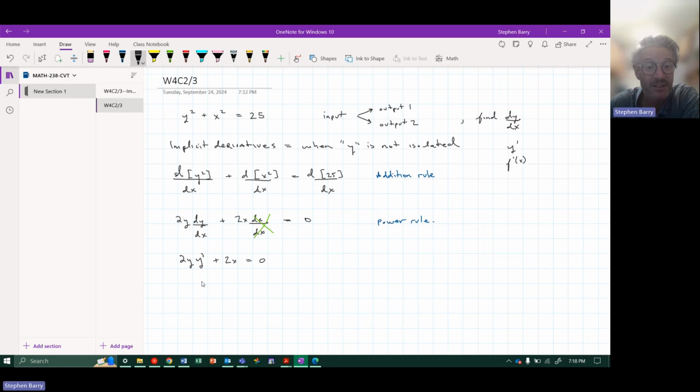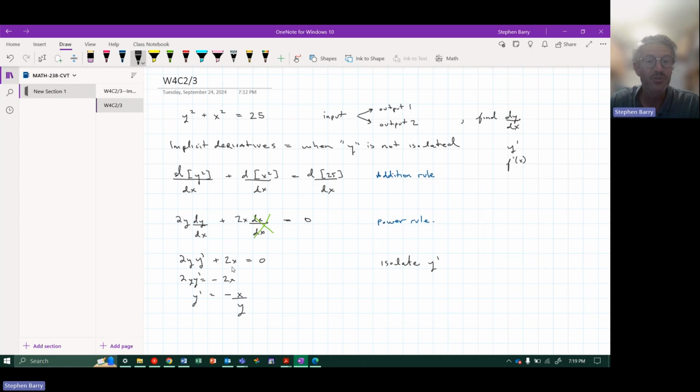And now isolate y prime. So the answers here, you'll notice, have both x and y in them.